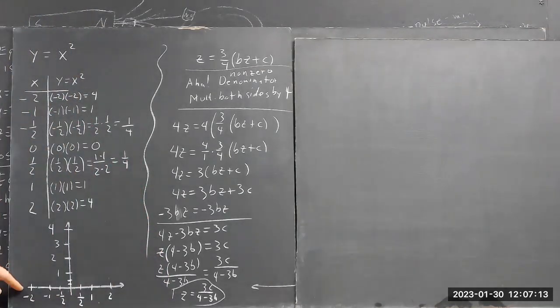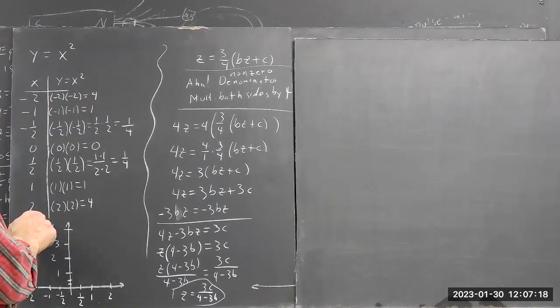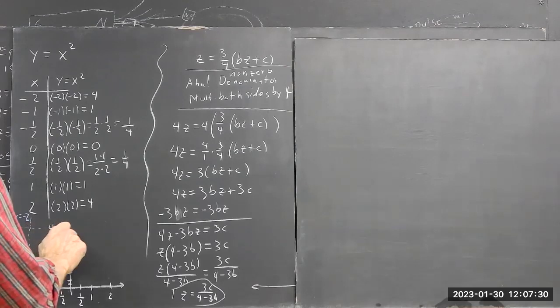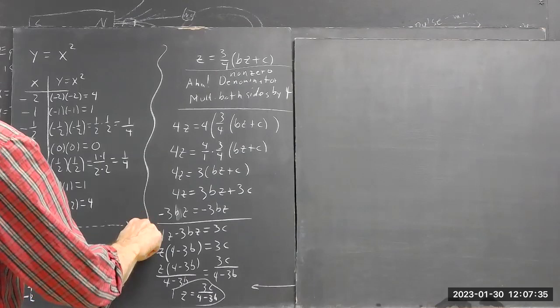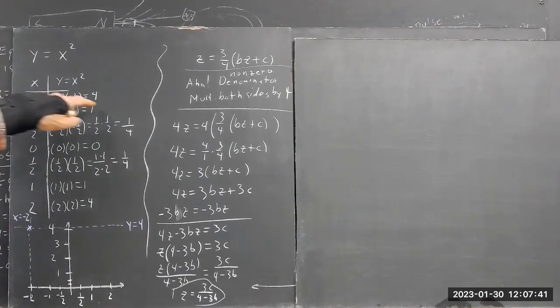Okay, when x is -2, y is 4. So I sketch a purple line here, which is the line for x equals -2. I sketch the line y equals 4. And where they meet is the point -2, 4.